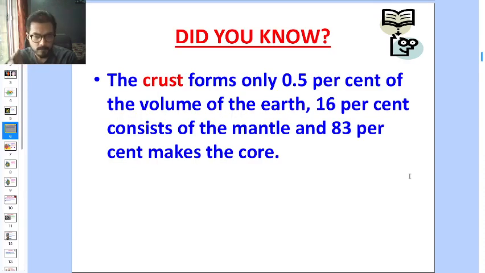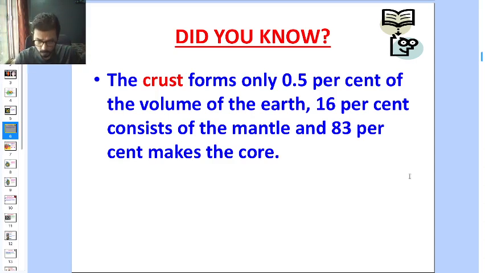The crust forms only 0.5% of the volume of the earth. If you imagine our earth as a football, only 0.5% of the entire volume of that ball, inside and outside, is made up of the crust. The crust is basically the place where we live.